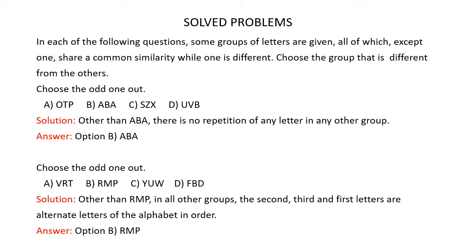In option C, U, W, and Y are alternate letters. In option D, B, D, and F are alternate letters. But in option B, M, P, and R are not alternate letters. So option B, RMP is the odd one out. So the correct answer is option B, RMP.